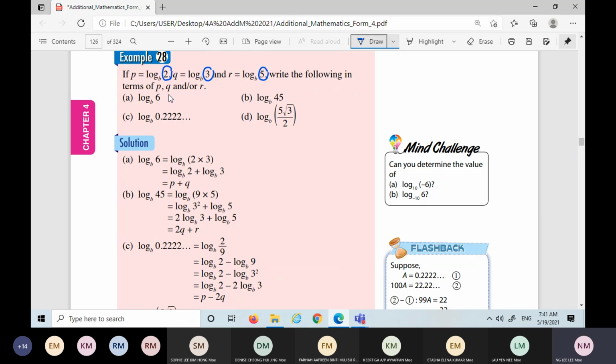Try to modify, try to adjust. Maybe it's a factor, so that you can make use of this 2, 3, and 5 over here. So look at A.